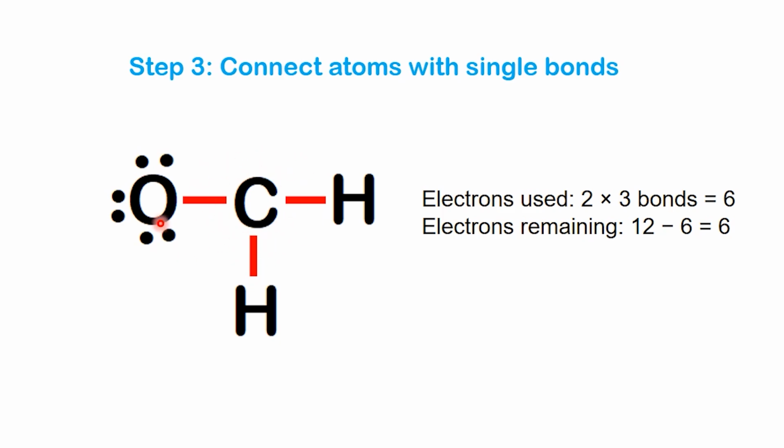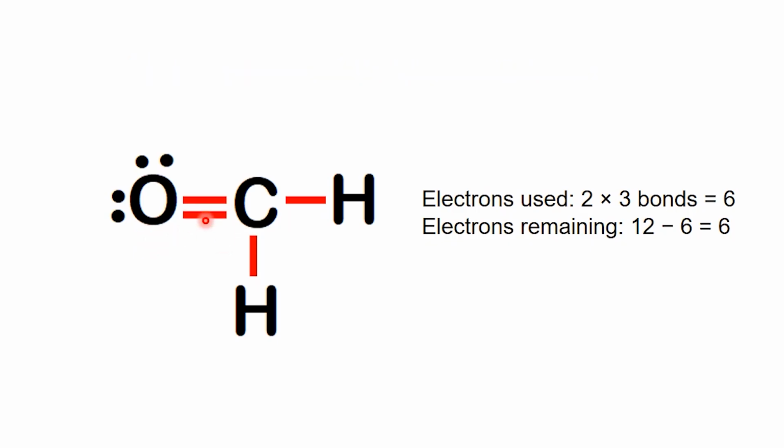To fix this, we convert one of oxygen's lone pairs into a bonding pair, forming a double bond between carbon and oxygen. With this final adjustment, carbon now has 8 electrons, oxygen also has 8, and both hydrogens remain satisfied with 2. This gives us the correct Lewis structure for formaldehyde: carbon double bonded to oxygen and carbon single bonded to 2 hydrogens.